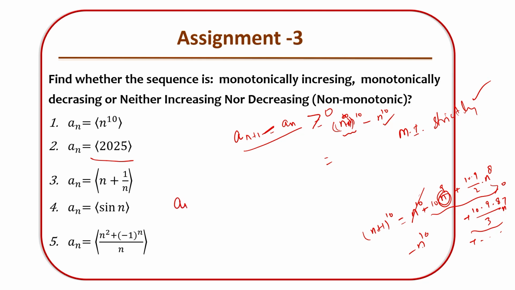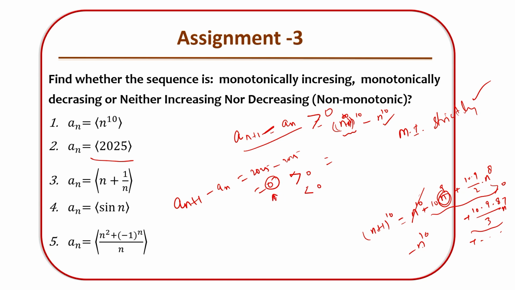So let us suppose a(n+1) minus a(n), and both are the same. So 2025 minus 2025 is equal to 0. So it cannot be written as strictly greater than 0 or strictly less than 0, but it is equal to 0 itself.